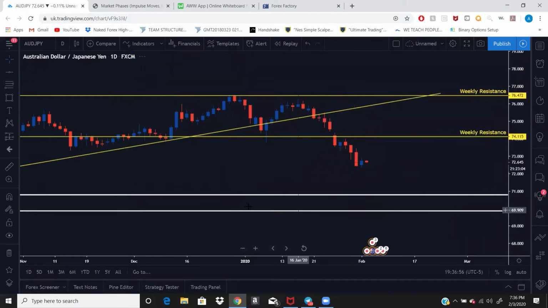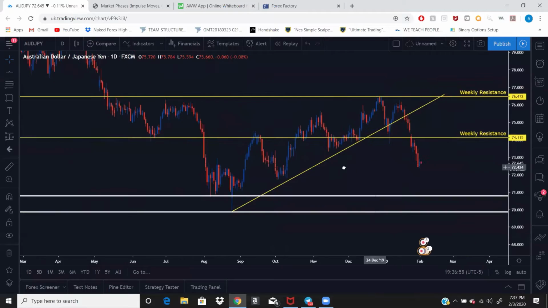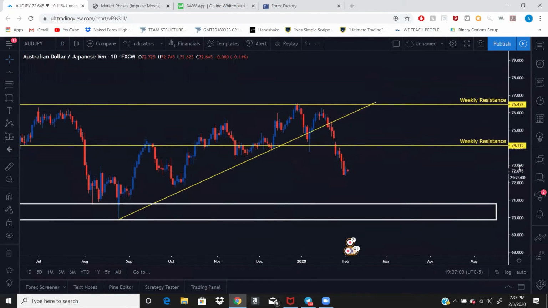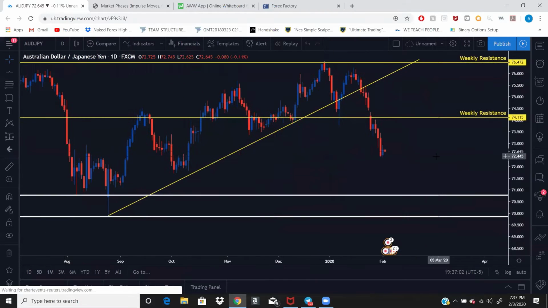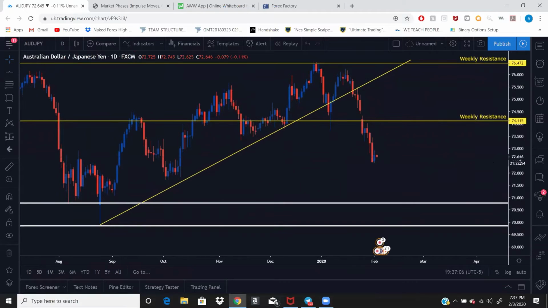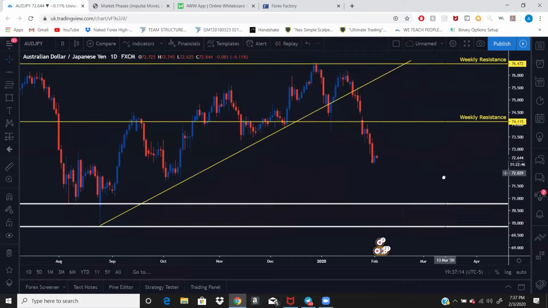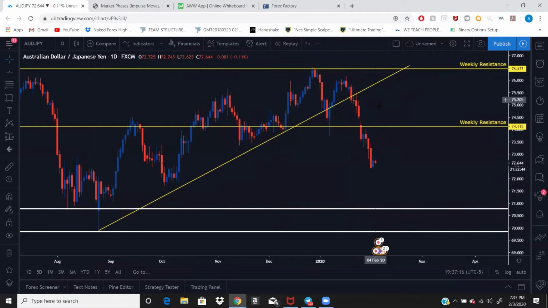Now this is definitely still bearish. I did say I expect reversal across AUD pairs, but it seems that the JPY is much stronger against AUD at the moment in all conditions. As you see, it broke this uptrend without even retesting it, so it's just a straight downfall. It broke the weekly support and it actually did test that as a resistance.